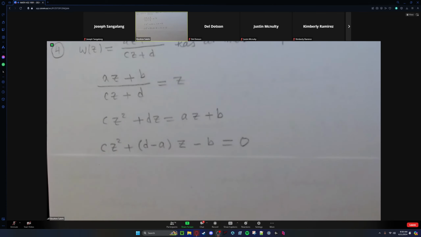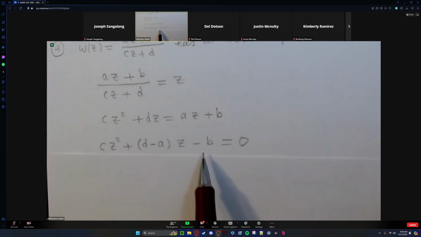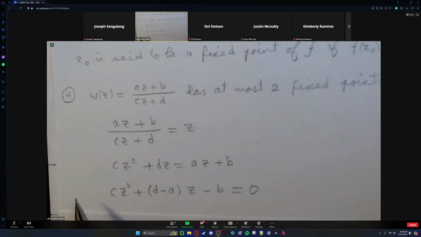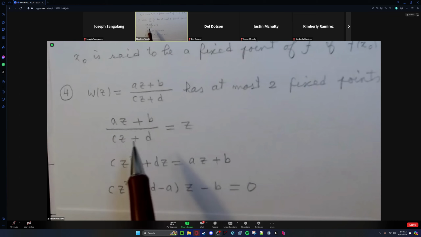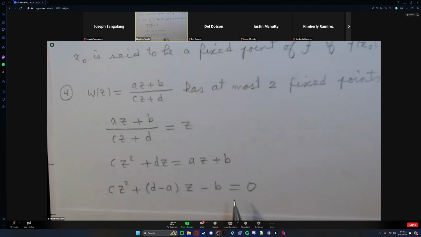So fixed points are the solutions to this quadratic equation. And a quadratic equation cannot have more than 2 solutions, right? At most 2. Sometimes we have 1. Okay, that is a good observation. Any linear fractional transformation has at most 2 fixed points.